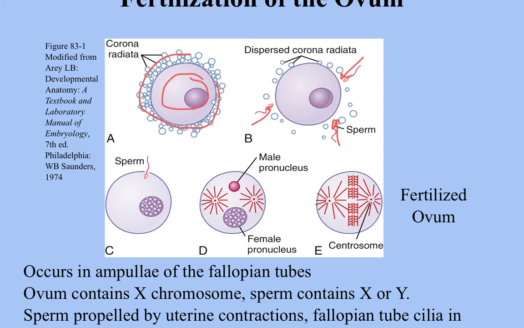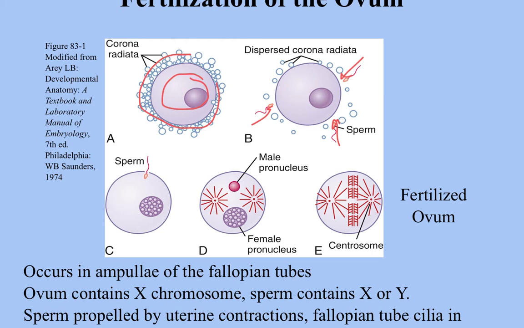And then, due to factors that we talked about with the sperm, one sperm will enter the oocyte, so the acrosome will weaken the cell membrane. It'll burrow in there. It will also produce changes in the cell membrane of the oocyte to prevent other sperm from getting in.